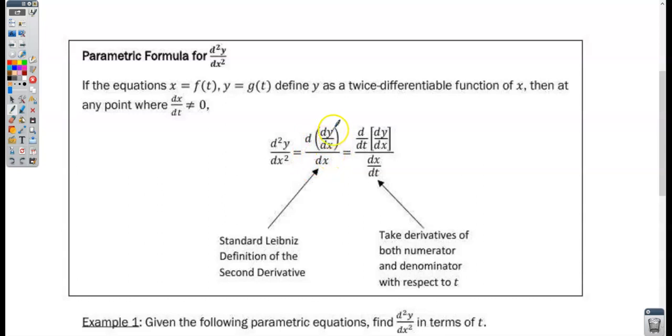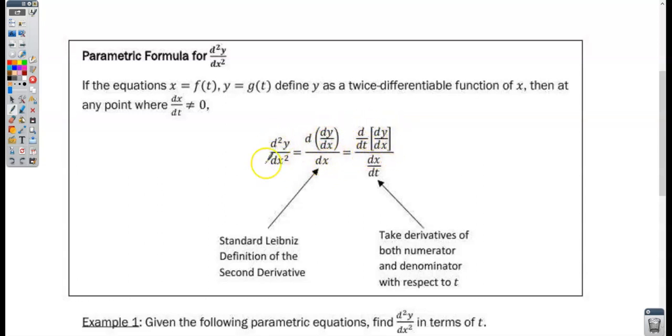But when we take this derivative of dy dx, since dy dx is a function of t, it's easiest for us to take the derivative of that with respect to t. But if we're going to take the derivative of this with respect to t, we need to also take the derivative of this with respect to t, which leads us to our formula.